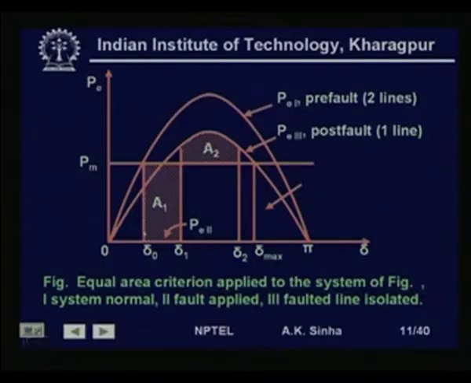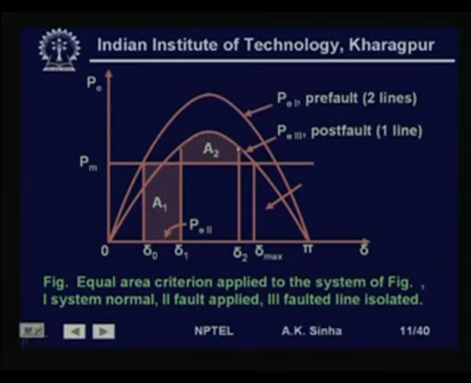During this period we have acceleration, and the accelerating power is equal to P m, because P is equal to 0. So, P m minus P is equal to P m in this case. Suddenly, at delta 1, it jumps to this point where the electrical power output is governed by this characteristic. In this case we have deceleration. The rotor will start decelerating, but since its speed is more than synchronous speed, it will still keep moving.